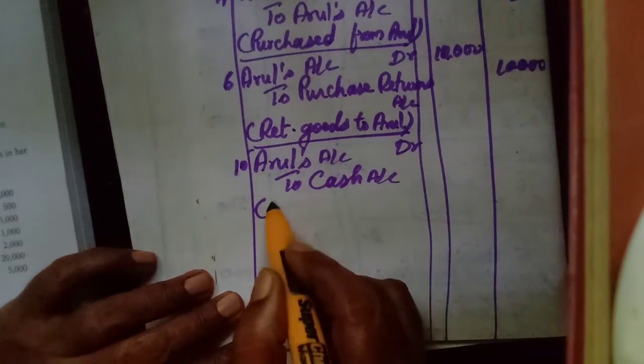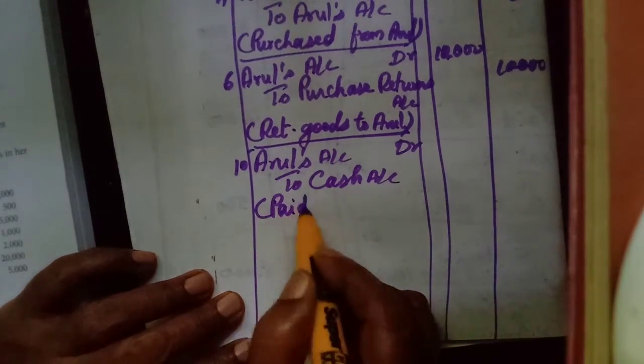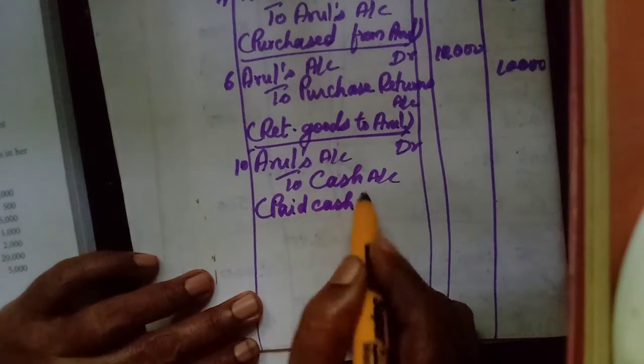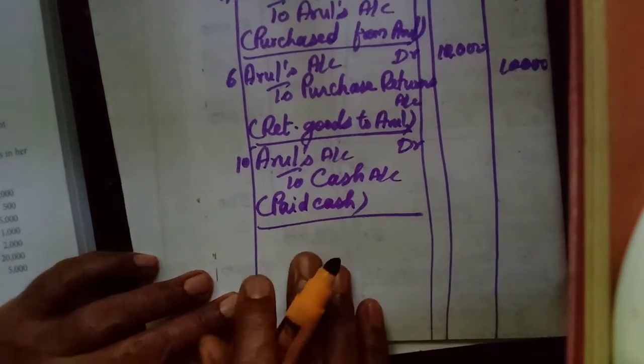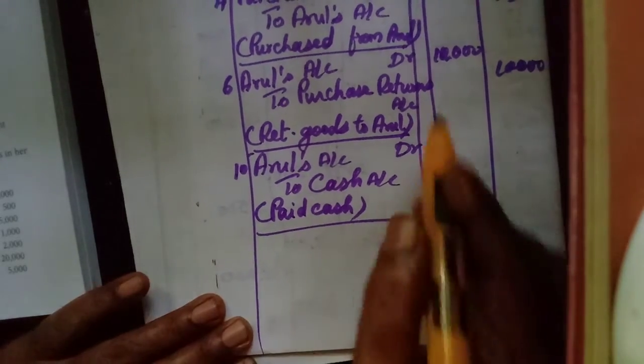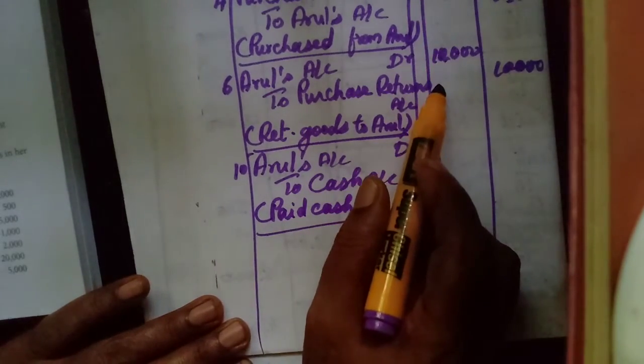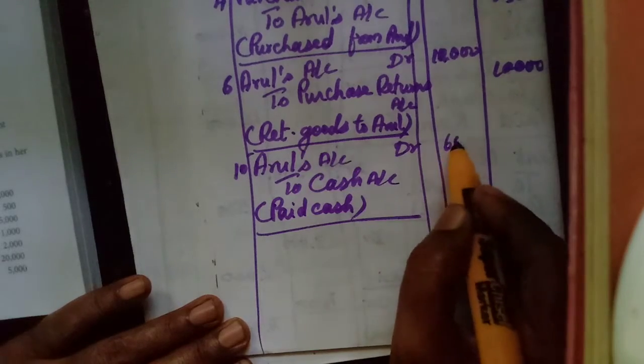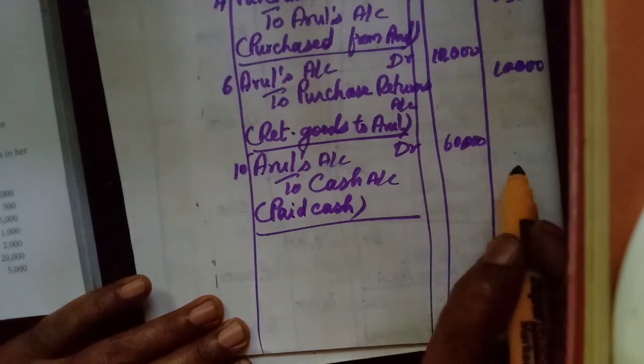Paid cash to Arul. 60,000. From 70 we have returned 10,000 of goods, so the remaining is 60,000.